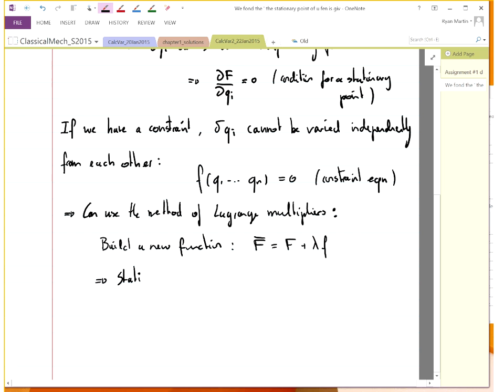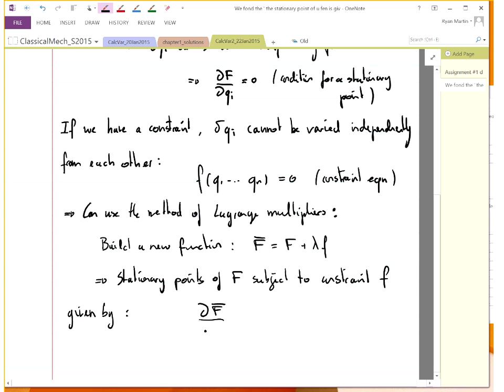And then the stationary points of capital F subject to the constraint lowercase f, those stationary points are given by the condition that di f bar by di qi equals 0.